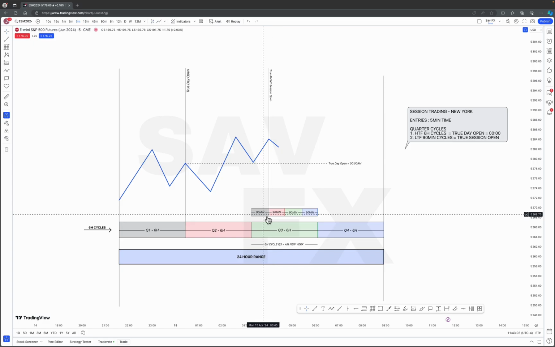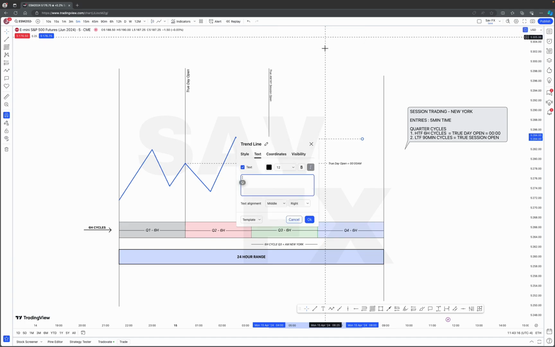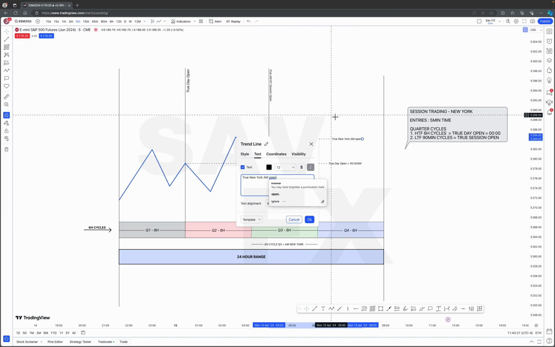And then between the smaller quarters, the end of Q1 and the beginning of Q2, sorry, that would be your true New York AM open. The true New York session AM open, right?